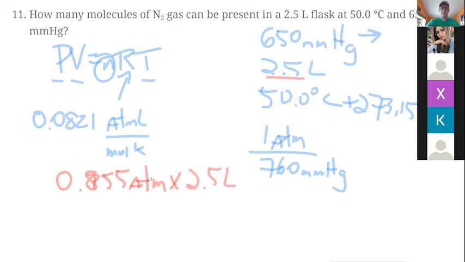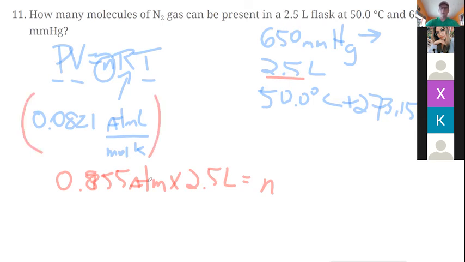And that's going to be equal to N times, and then, so now we plug in R. 0.0821 atmosphere liter over mole Kelvin times, and then our temperature.